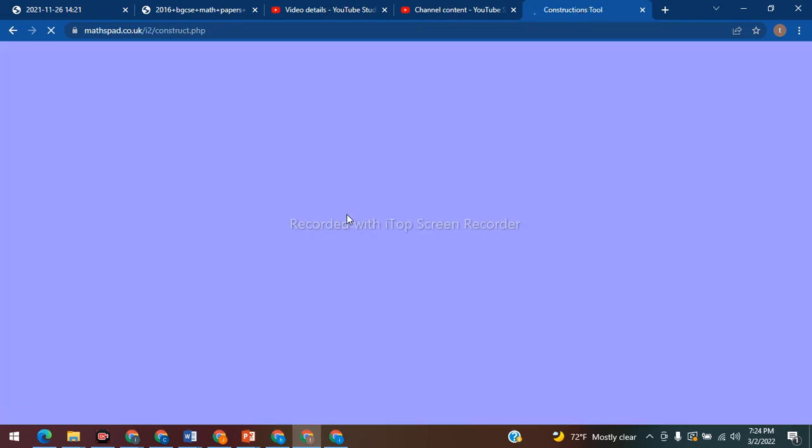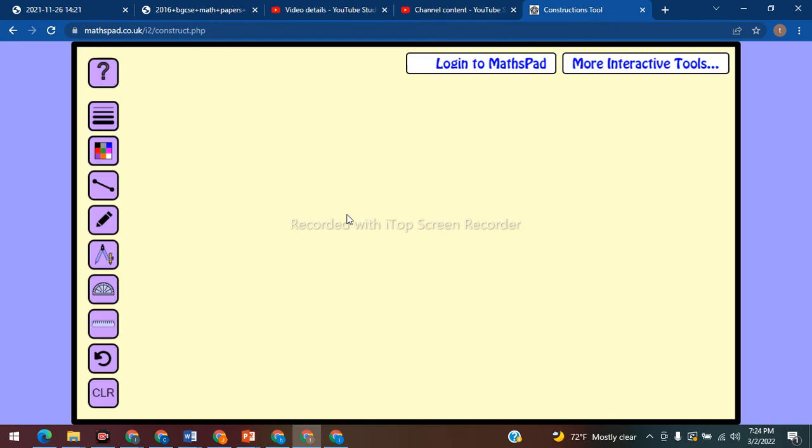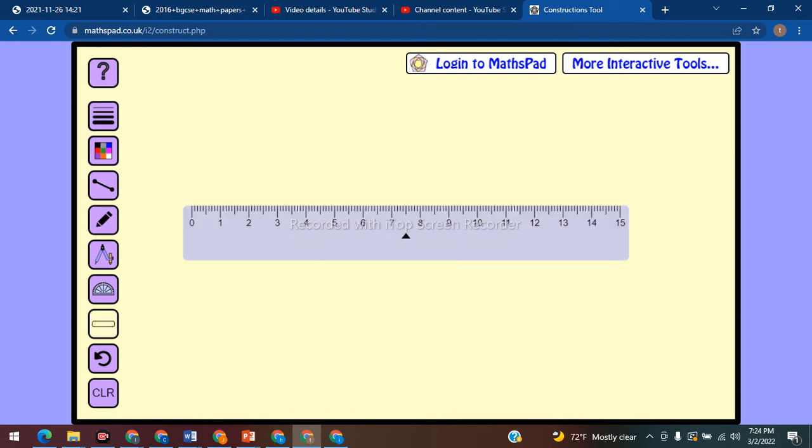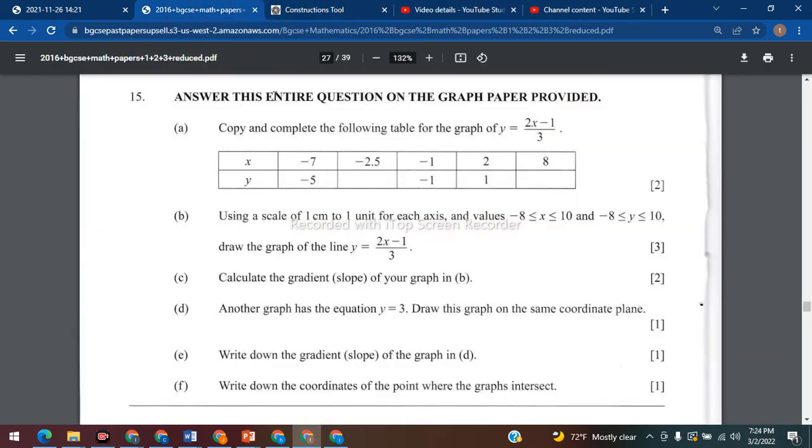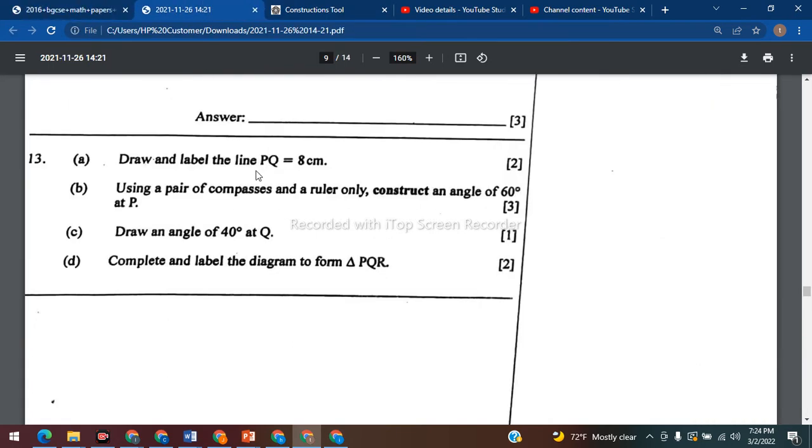So we need to draw a line. And the line is going to be 8 centimeters, right? Let's see, I guess so. That was easy.